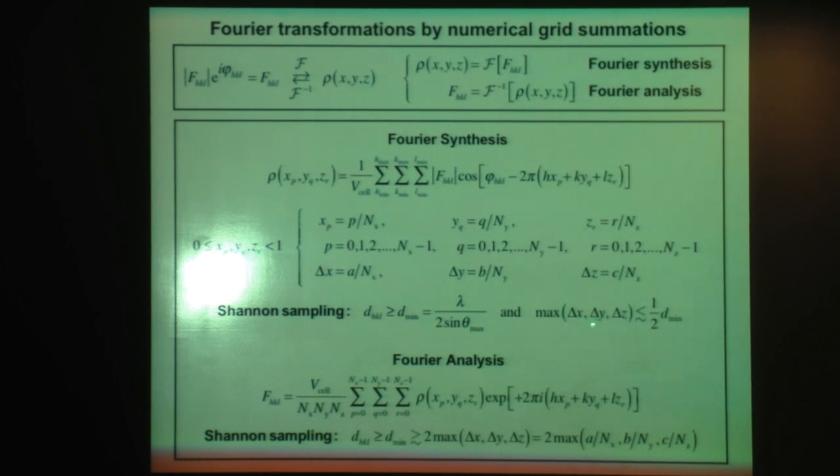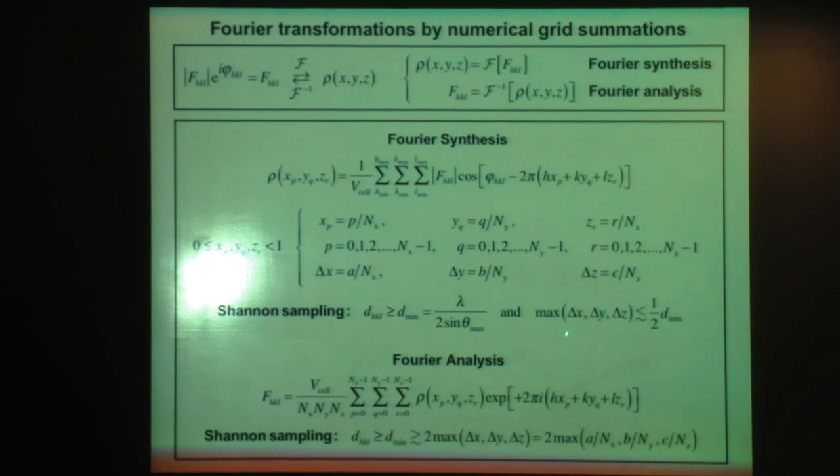Those increments along x, y, z need to be less than or approximately equal to this minimum d spacing, interplanar spacing, or half of it. Okay? So there's this limit. There's no point in calculating this series with ever finer divisions than what we compute according to this criterion.